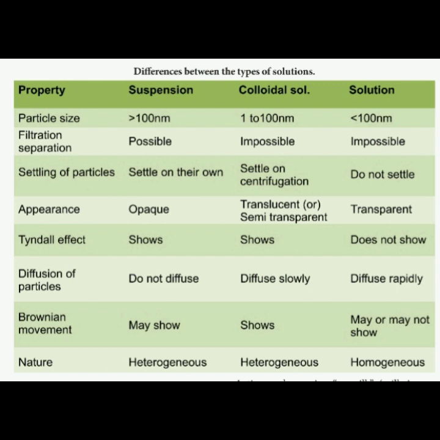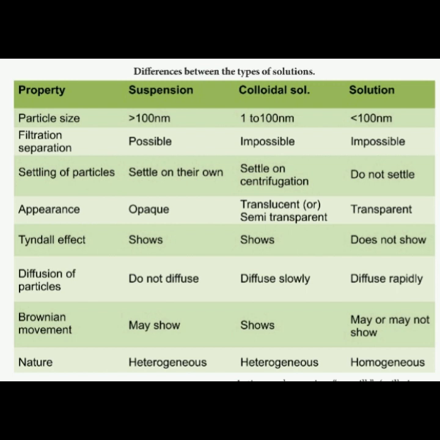Then filtration. A suspension can be separated by the filtration process, in a colloid it is not possible, and in a true solution it is impossible. Settling of particles: in a suspension, it settles on its own, in a colloid it settles on centrifugation only, and in a true solution it does not settle because it gives a clear solution.